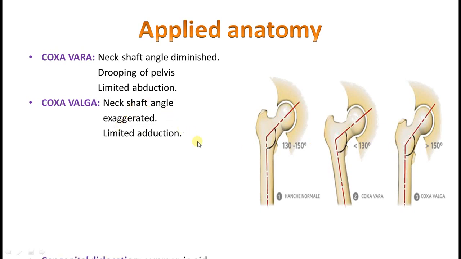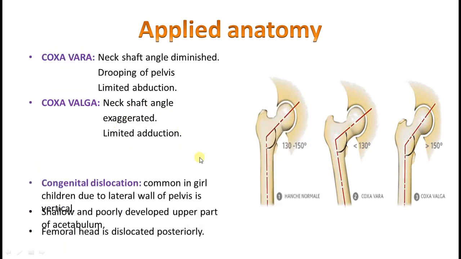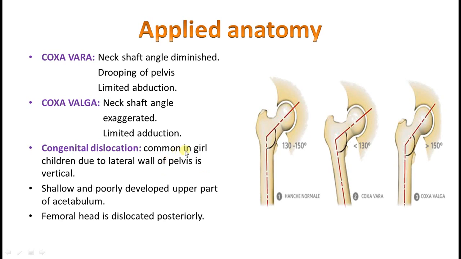Congenital dislocation is more common in female children. Why? Because the lateral wall of the pelvis is vertical, and the posterior superior part of the acetabulum, which I told you is a very thick shelf-like bony buttress, is not developed properly.